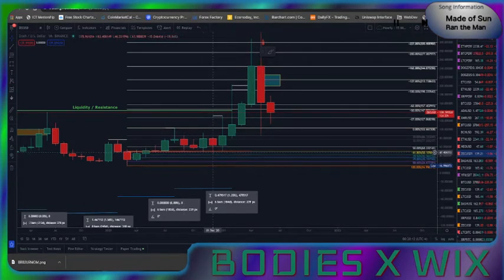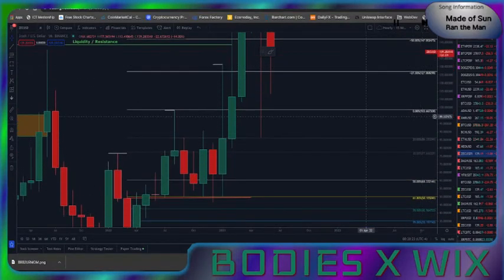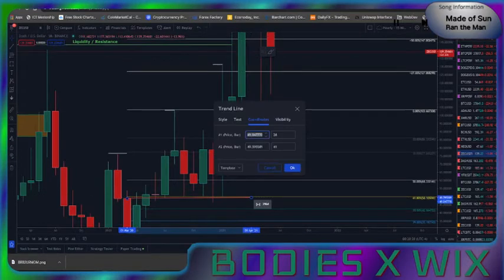So as you can see, this candle right here was the one that actually pierced through it. The rest of them, I think, barely touched it. And let's just be very accurate here and make sure that these prices are dead on.